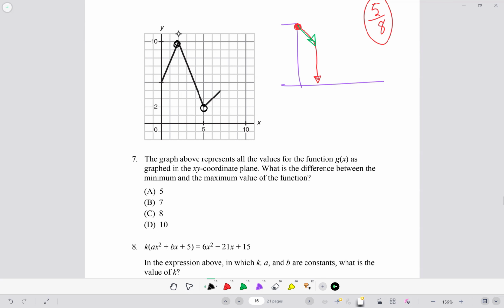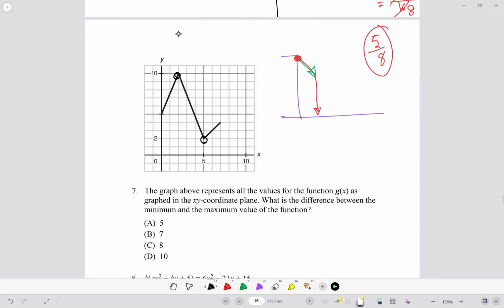The graph above represents all the values for the function g of x as graphed in the xy coordinate plane. Is it asking us to subtract the y values or the x values?